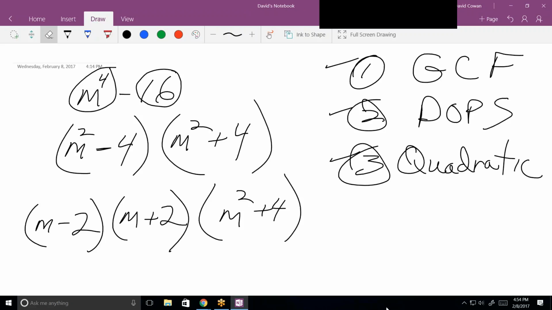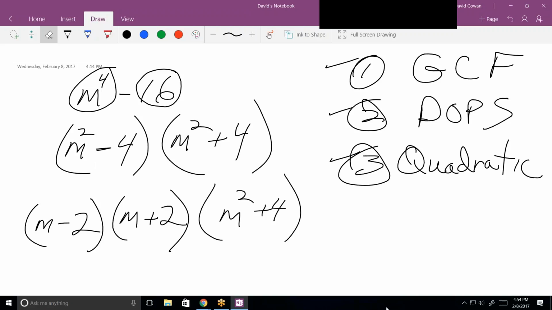They haven't taught those to you yet, but when you have an odd exponent, you can factor sums. When you have an even exponent, you can't. In other words, m squared is an even exponent, and it's plus 4. That's the sum of perfect squares. But sum of perfect squares does not factor.